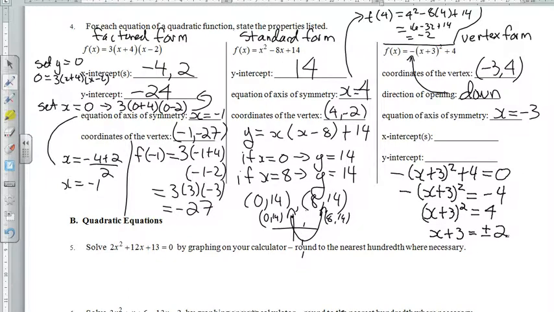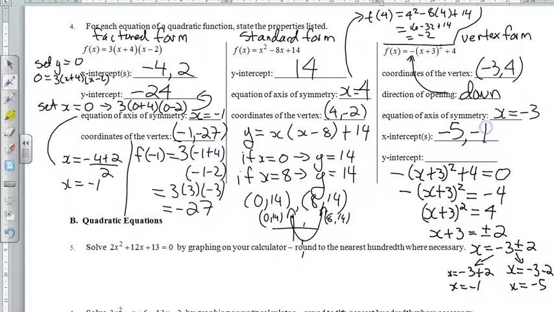So that means that x is equal to -3 plus or minus 2. So we get -3 plus 2, which is -1, and we get -3 minus 2, which is -5. And so the x-intercepts are -5 and -1.